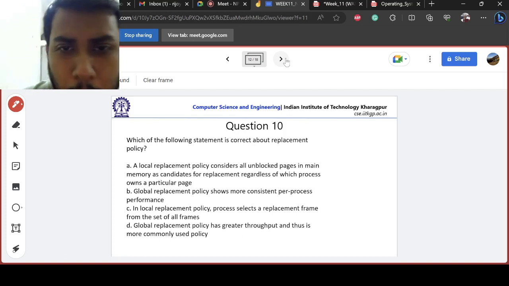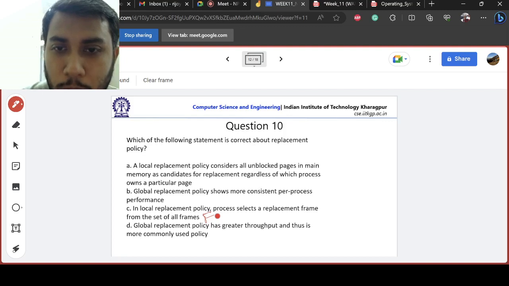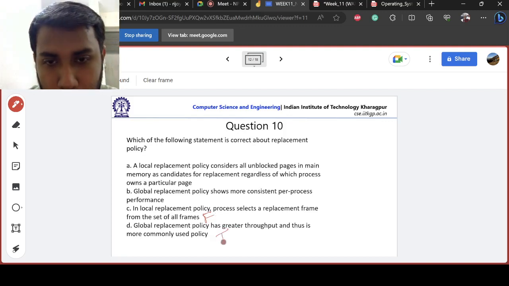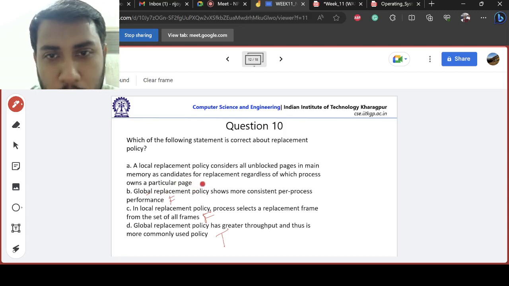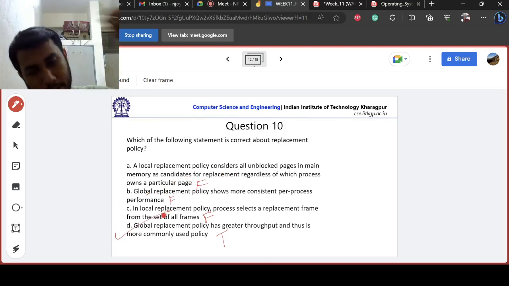In local replacement policy, a process selects a replacement from all sets of frames. So this is false. A global replacement policy has greater throughput and thus is most commonly used. This is true. It has more throughput. This is false because it is local replacement. And this is also false. This is the correct answer.